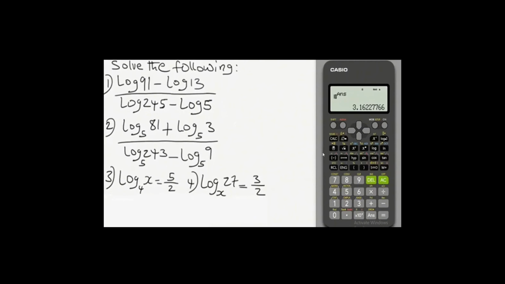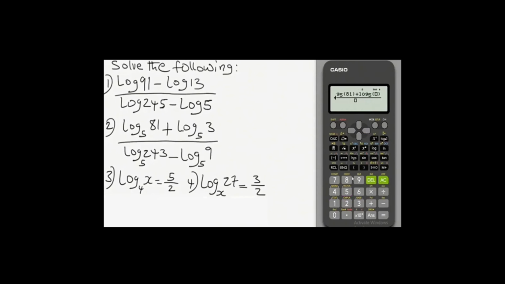Let's go over to question 2. So it's in fraction as well. So we have log base 5. Okay, so the base here is base 5. Go over here, 81. All right, then we have plus log base 5 as well.